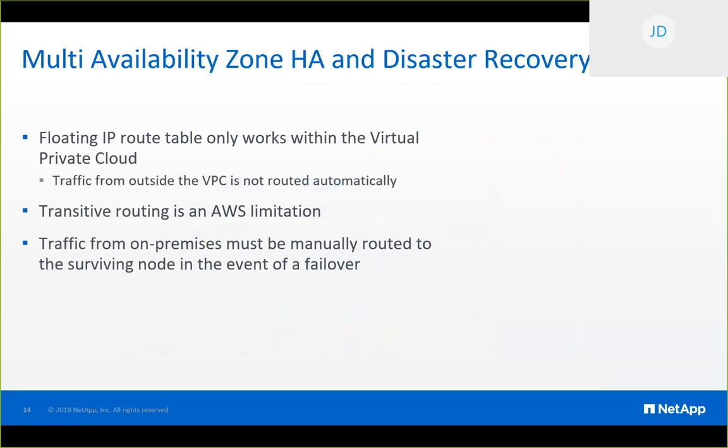Unfortunately, this limitation does exist when you're running a production workload outside of AWS, outside of your VPC, and you want to be able to fail over into your VPC seamlessly and automatically. When you're working with traffic from on-prem, you would have to manually route it to the surviving node in the event of a failover. Now, there are workarounds for this limitation using third-party products.